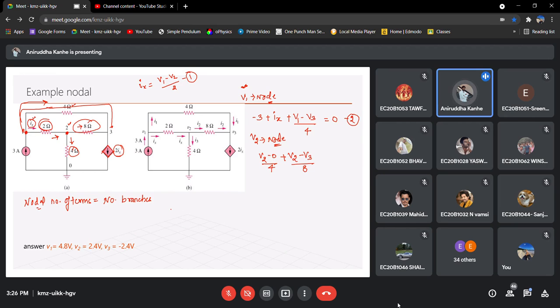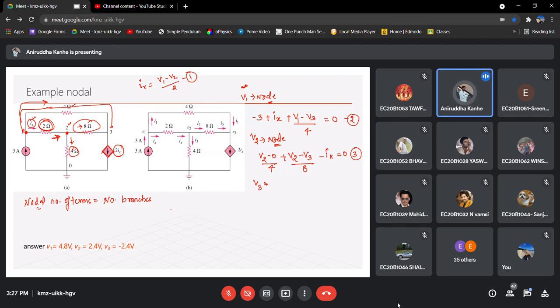And then you have this 2 ohm resistance branch where the current is already given to you, that is Ix, which is moving towards the node, and hence it has to be negative. So minus Ix equals 0. That's your third equation.